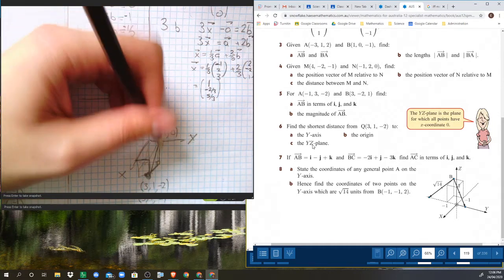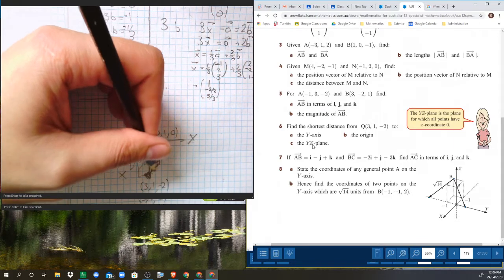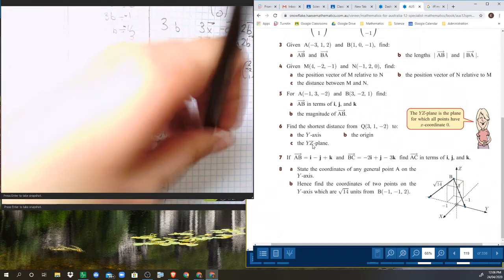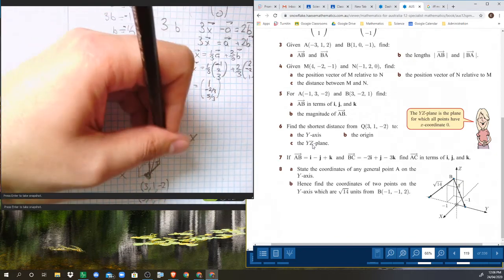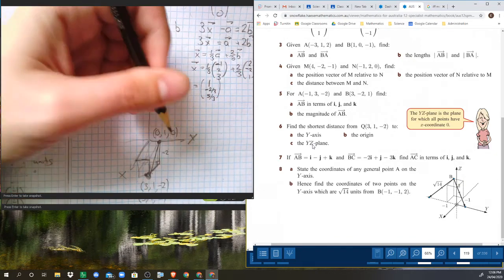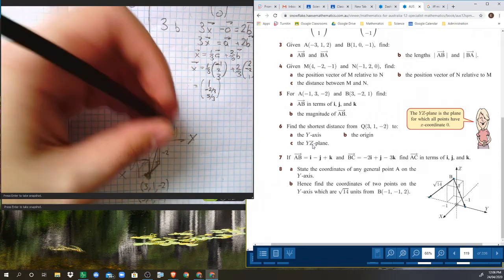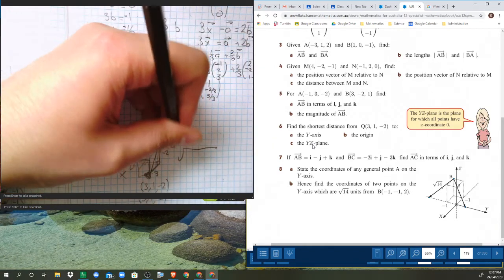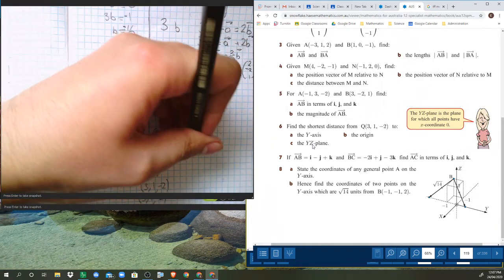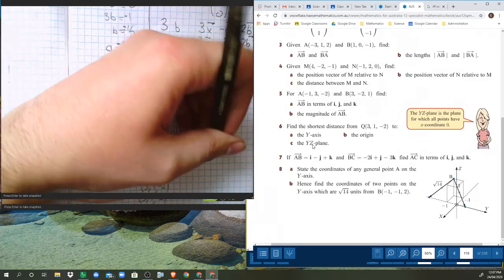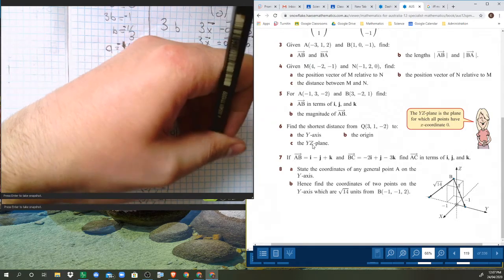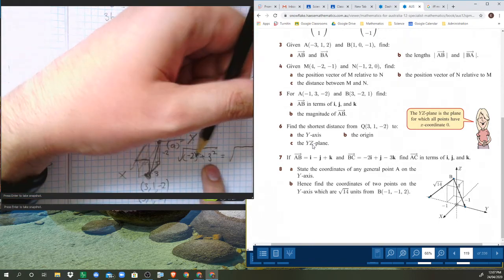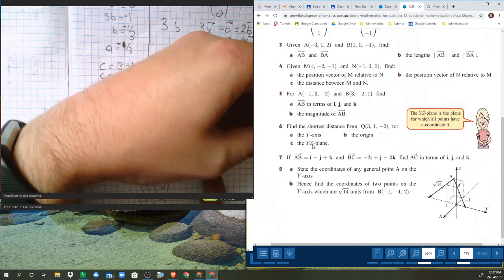Now you could work this all out like a good, well, it's just Pythagoras, isn't it? Yeah, pretty much. You could just conceptually look at that and say, well, I've moved -2 in the z, and I've moved 3 in the x. So the answer for part A is -2 squared plus 3 squared, which is 4 plus 9 is 13.